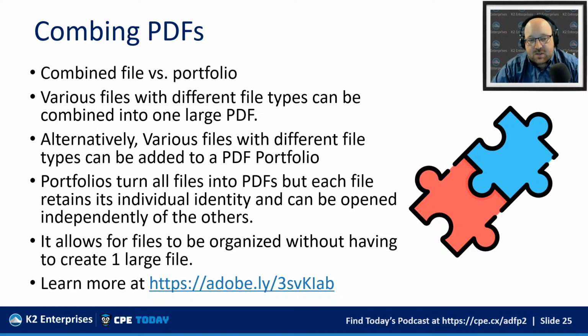Alternatively, you can do this thing called a portfolio, where it will generate a PDF that is actually 2 PDFs inside of it. And so you would still maintain the integrity of each document with you clicking into that portfolio. And in that portfolio, you would see 2 PDFs that you would then click into, each being 20 pages long, but they're not necessarily combined.